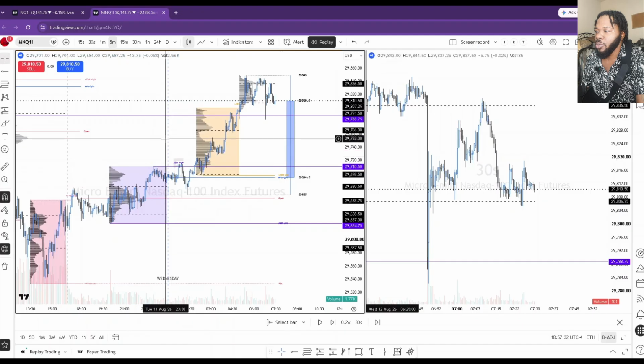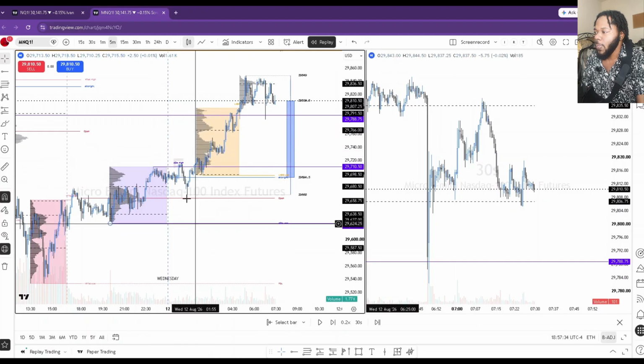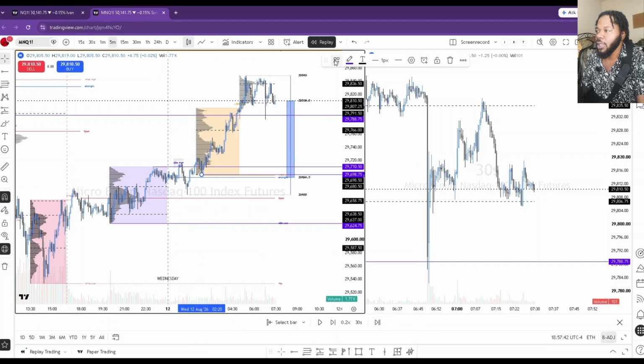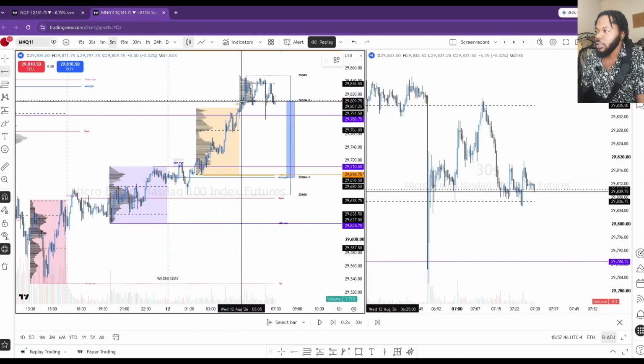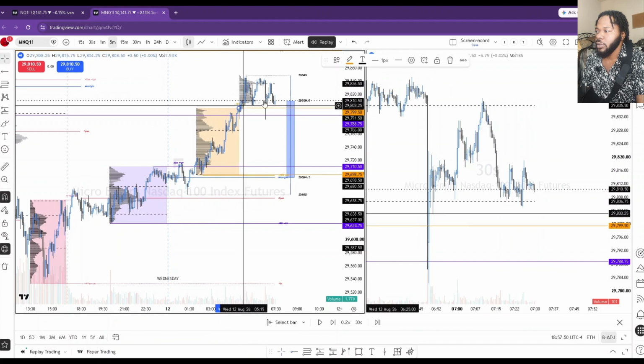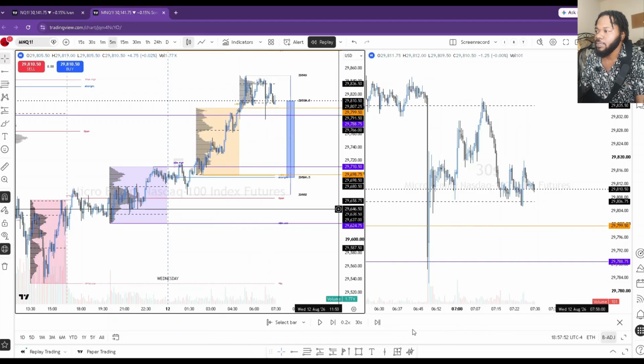One thing that would come in handy with TradingView, it would be so dope if it had hotkeys, man. So dope, bro. I don't know why they don't have hotkeys. Pin my London low and high. Make sure that's right. Boom.